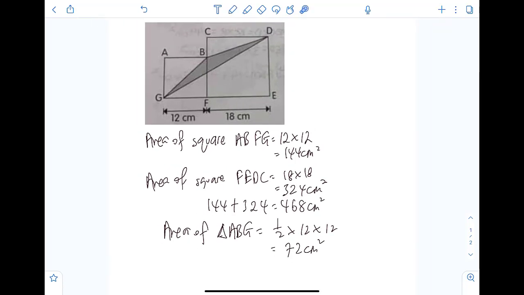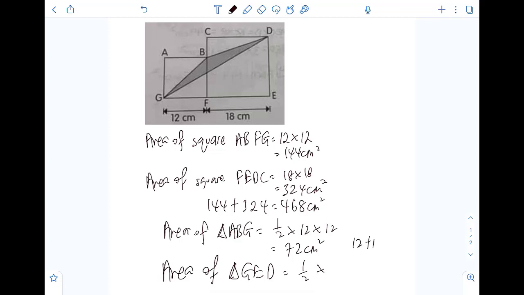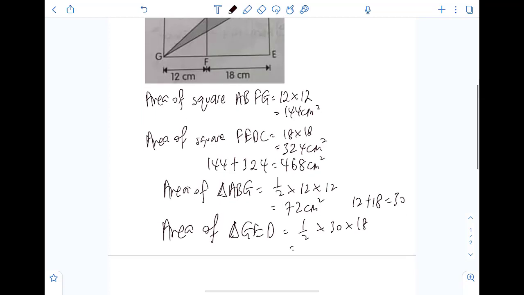Alright, and then the bigger triangle here, triangle GED, half times the base is 12 plus 18. That will be 30, so half times 30 times the height here is 18. Times 18, that would be 270 square cm.